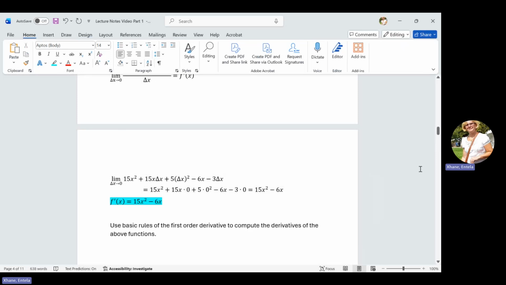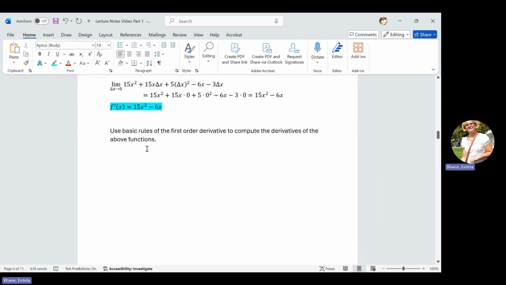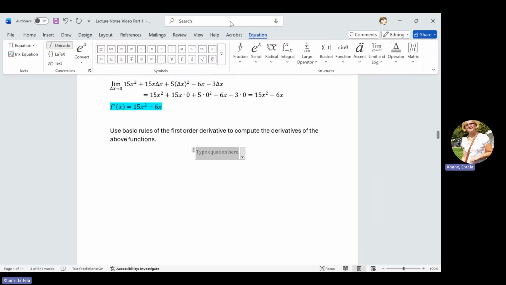Now, as I mentioned, I'm going to do this using basic rules of the derivatives. So what is the shortcut if I use the basic rules of the derivatives? Then the very first rule, the power rule, must be used. If you recall, I shared with you some of the rules of the derivatives.